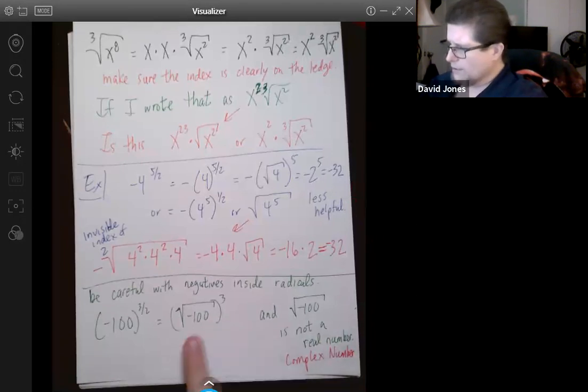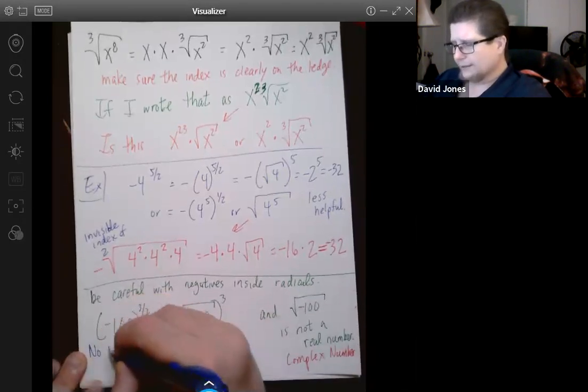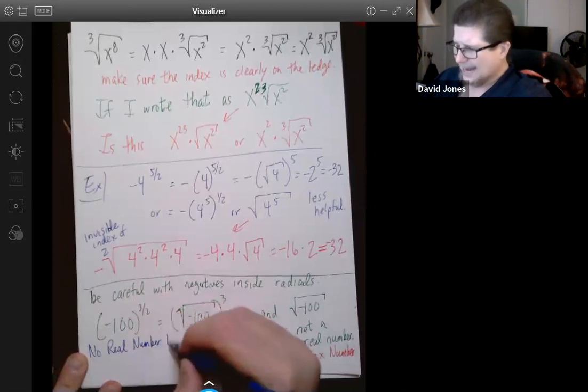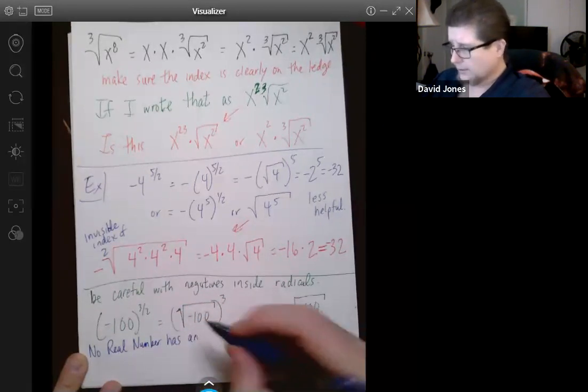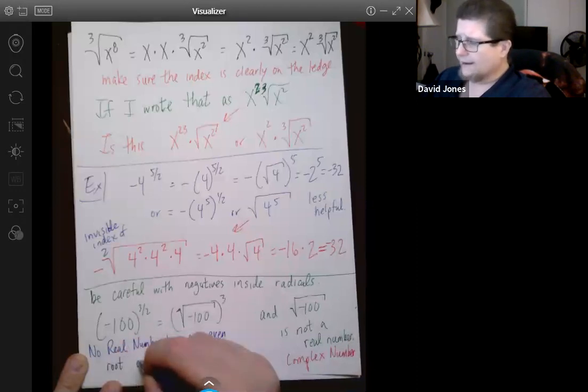And the reason why: there is no real number that has an even root of a negative number.